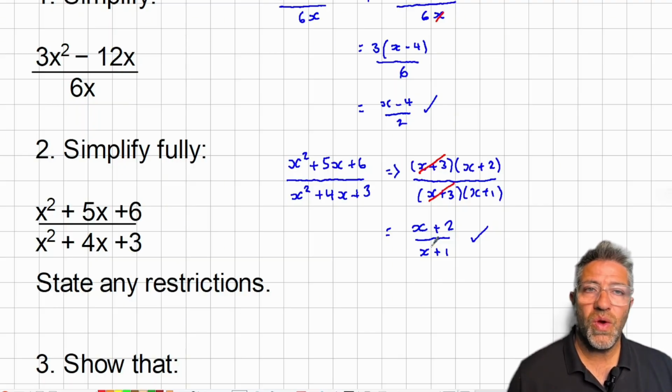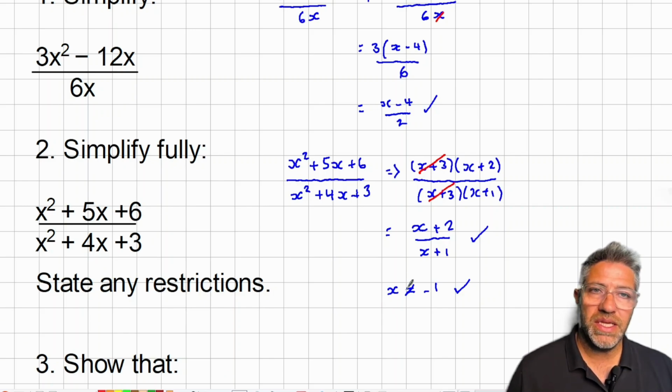In other words, where the expression is undefined. And if we can, then that is our restriction. Well, something add 1 equals 0. Quite simply, x cannot equal -1. So -1 would be considered our restriction. And for does not equal, we don't need to write the words, remember. We can simply write an equal sign with a line through it.